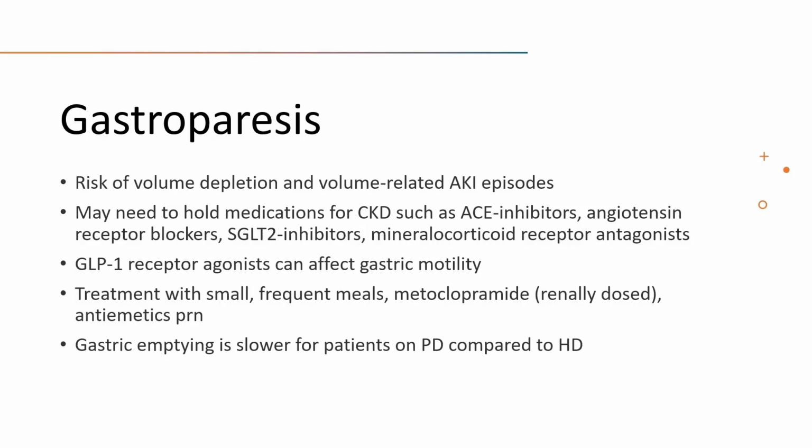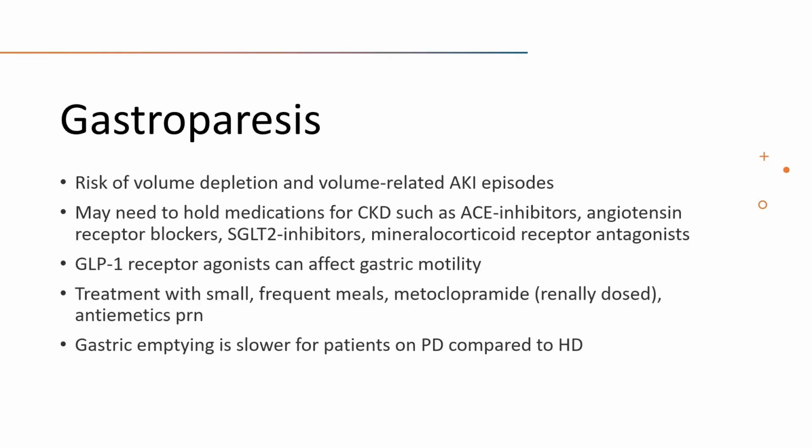Gastroparesis is something that we tend to see more commonly in patients with diabetes because of the effects of the blood sugars on the nerves over time. And patients that have frequent flares or severe flares may have progressive kidney dysfunction from volume-mediated AKI episodes. So a lot of the medications that we use to treat, particularly diabetic kidney disease, play a role in this.